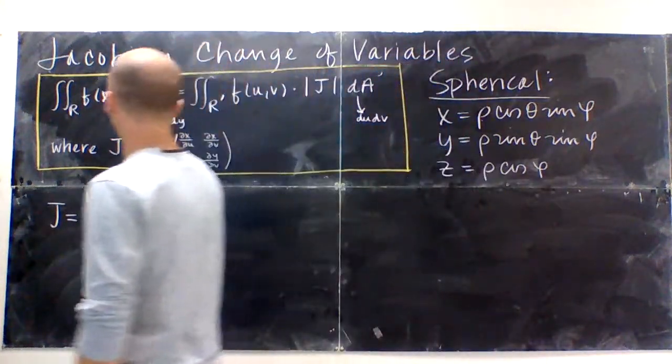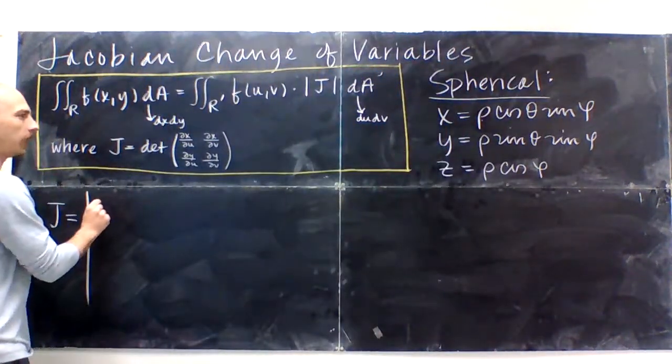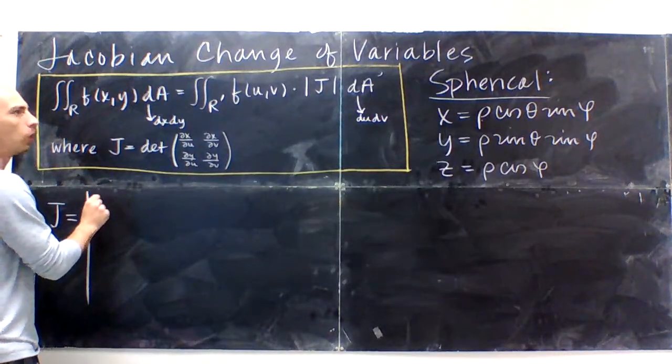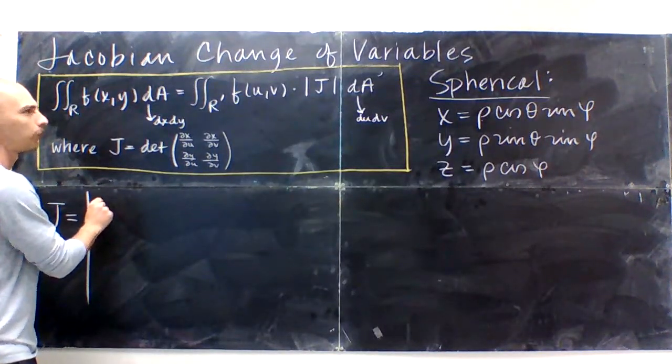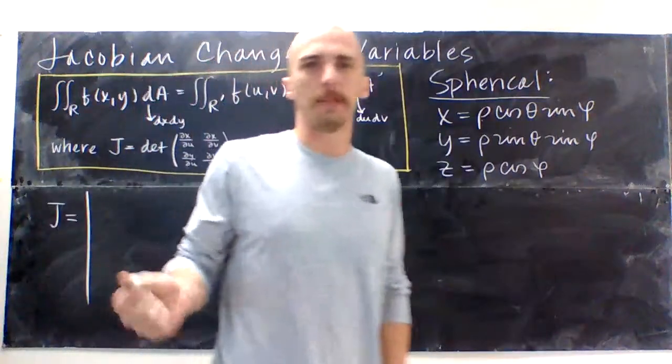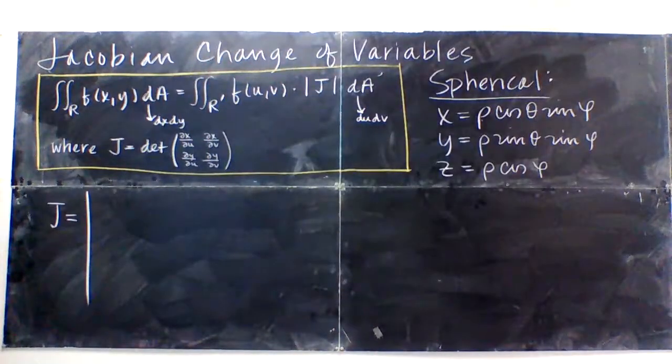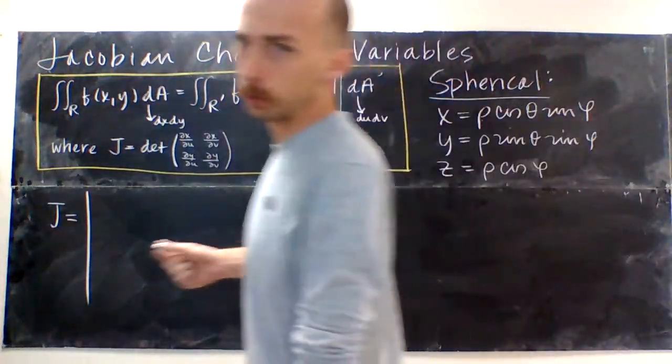First, it's going to be the partial of x with respect to rho, theta, and phi. It does not matter, you could do rho, phi, and then theta. I'm just going to do rho, theta, phi.